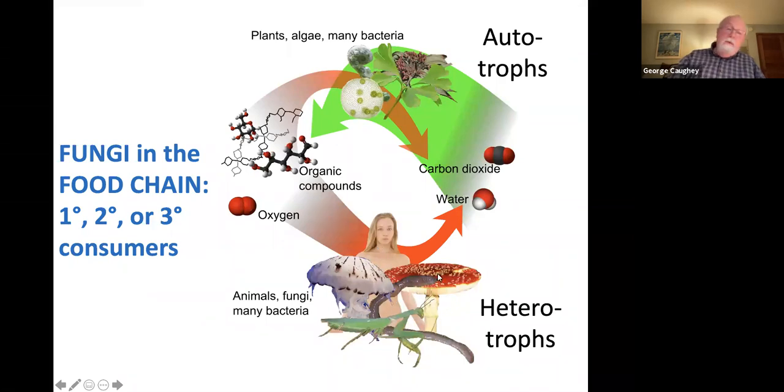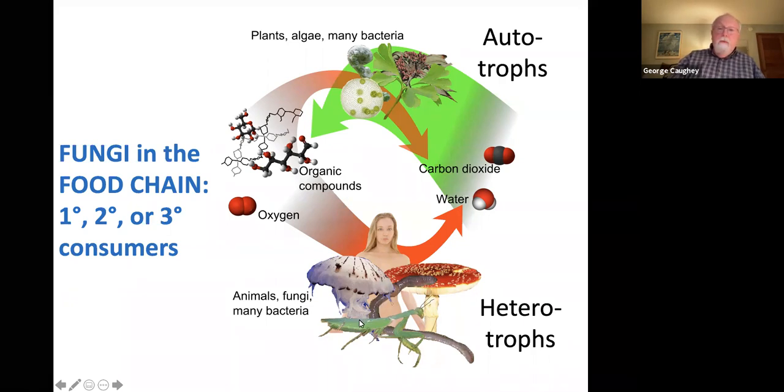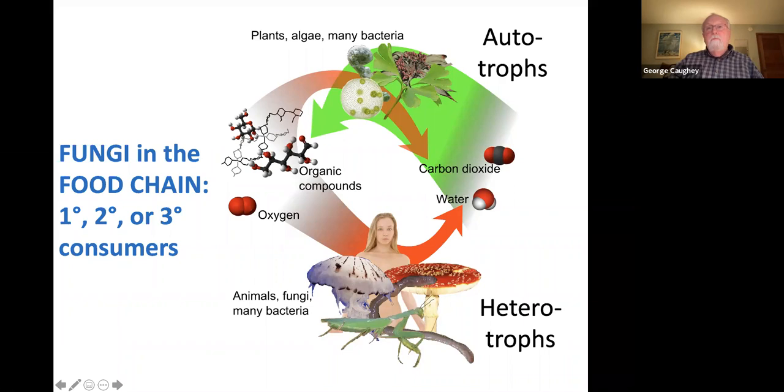So that makes us similar to fungi. We're heterotrophs. So we need to find a source of carbs, generally from plants. And so we eat them. We eat plants.